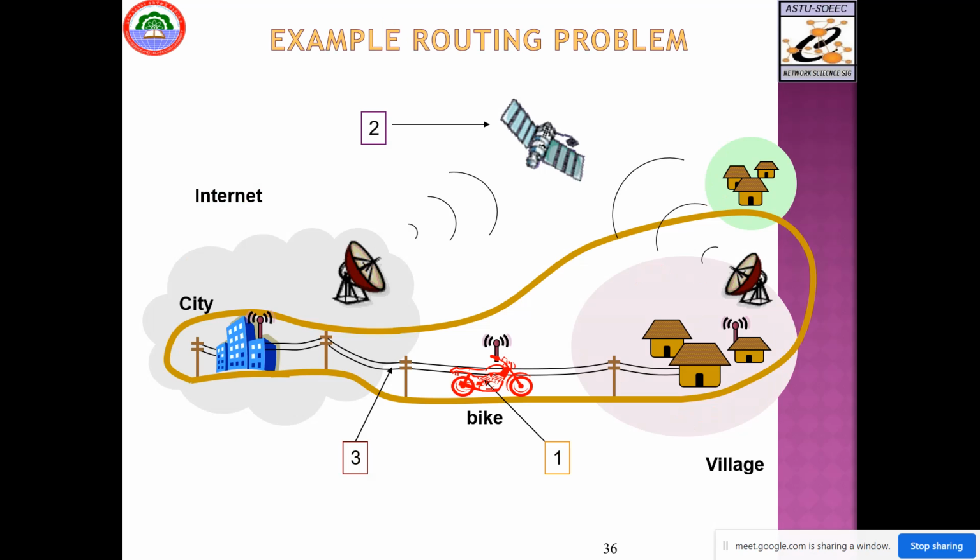In this also we have some routing problems. From this slide we can see we have an internet in the city and an internet in the village. When we are moving from one place to another, there is a point where the communication range does not reach either this network or the second network.